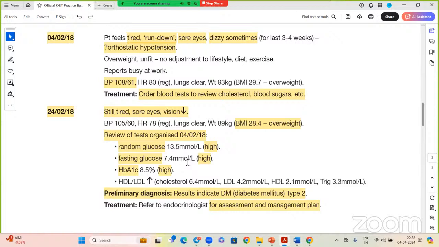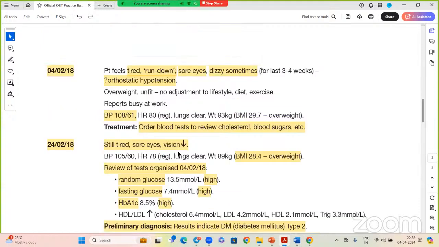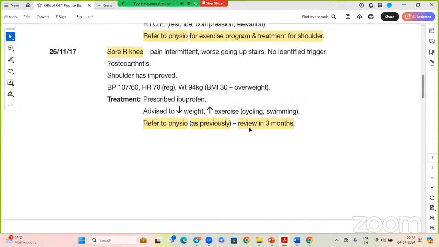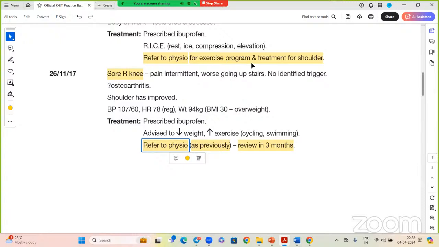What is the purpose of sending him to the physiotherapist? You can see very clear. Refer to the physiotherapist, review. What is the purpose of sending him there? For exercise program and treatment for shoulder and knee.